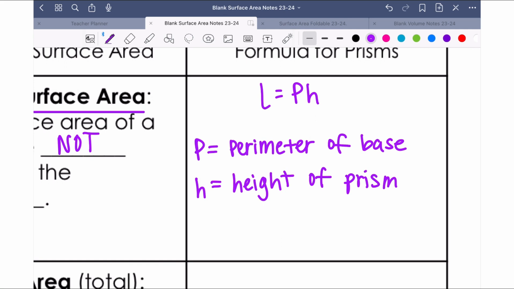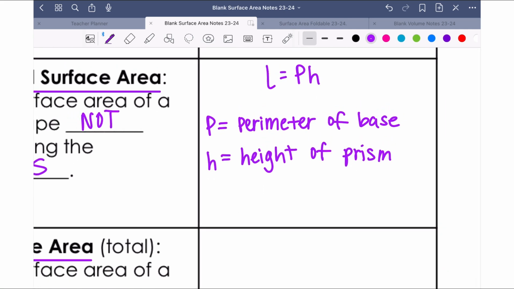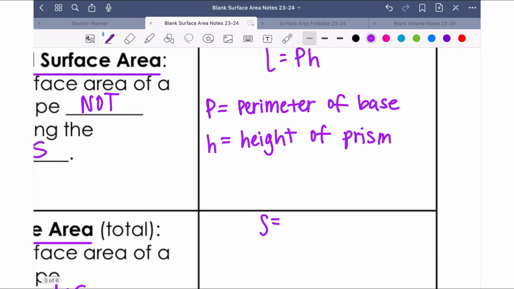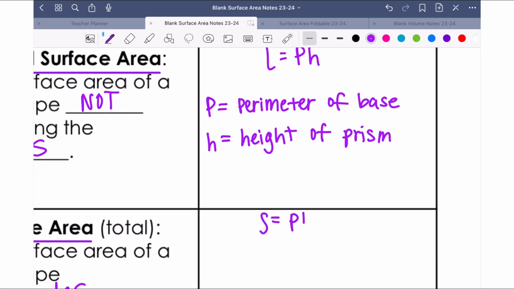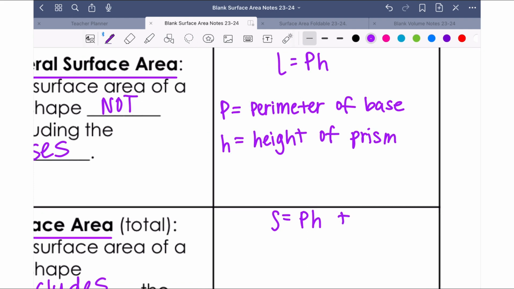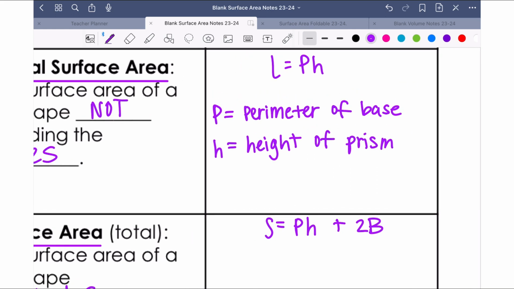Okay. For total surface area, this one is an S, you take your lateral area, which was your perimeter times your height that we just wrote down, plus the area of your two bases. So that's a capital B, very important, capital B. All right, so do y'all see how perimeter times height is your lateral? And that's what we did up here.